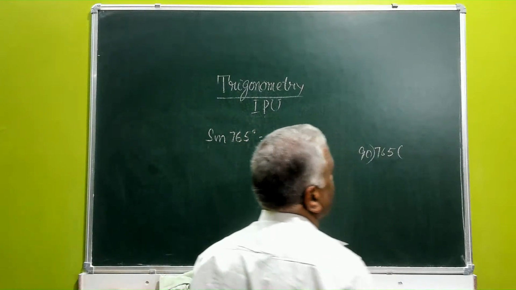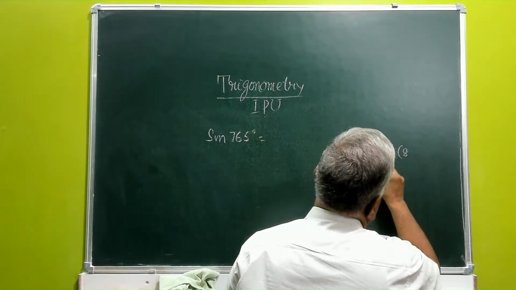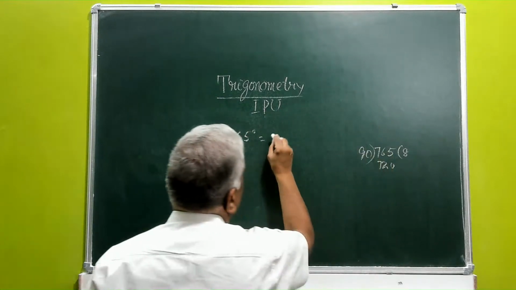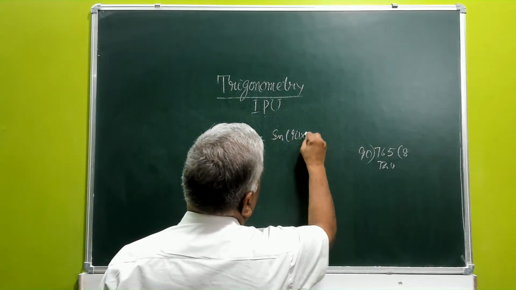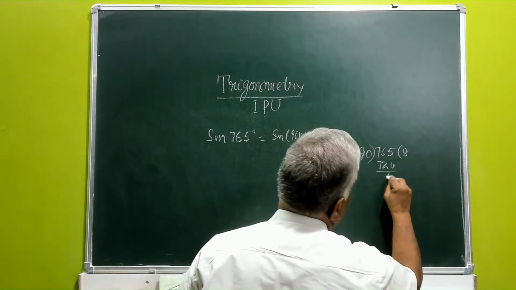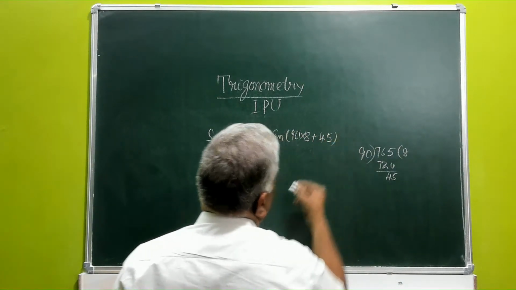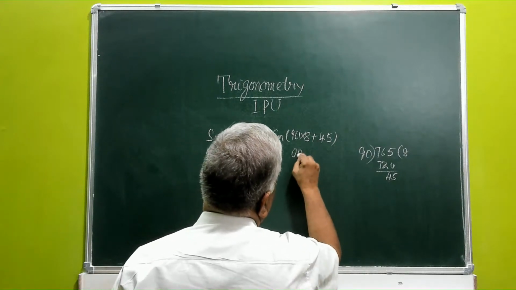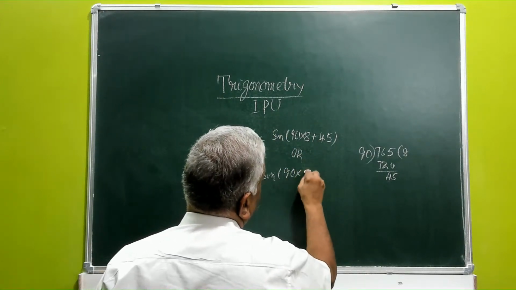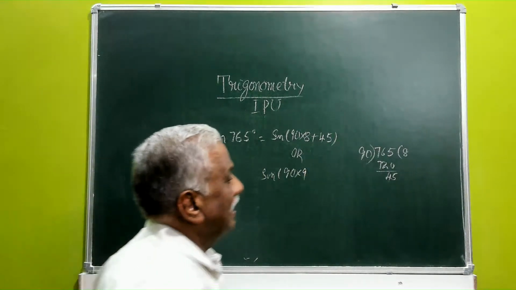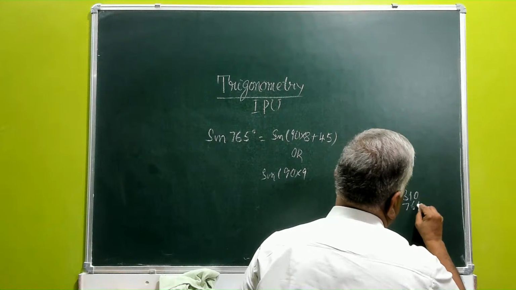90 into 7, 90 into 8, 720. So you can write this as sine of 90 into 8 plus 45. Or you can also write this as sine of 90 into 9. 90 into 9 is 810 minus 765.